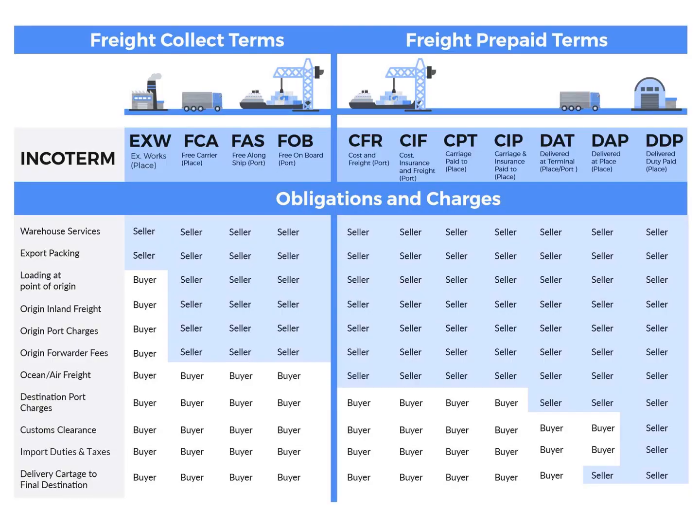Before we proceed to the discussion of the particular duties and responsibilities of buyer and seller, I want to explain first what are freight collect terms and freight prepaid terms. Freight collect terms is when the freight for the shipment is paid at the destination.